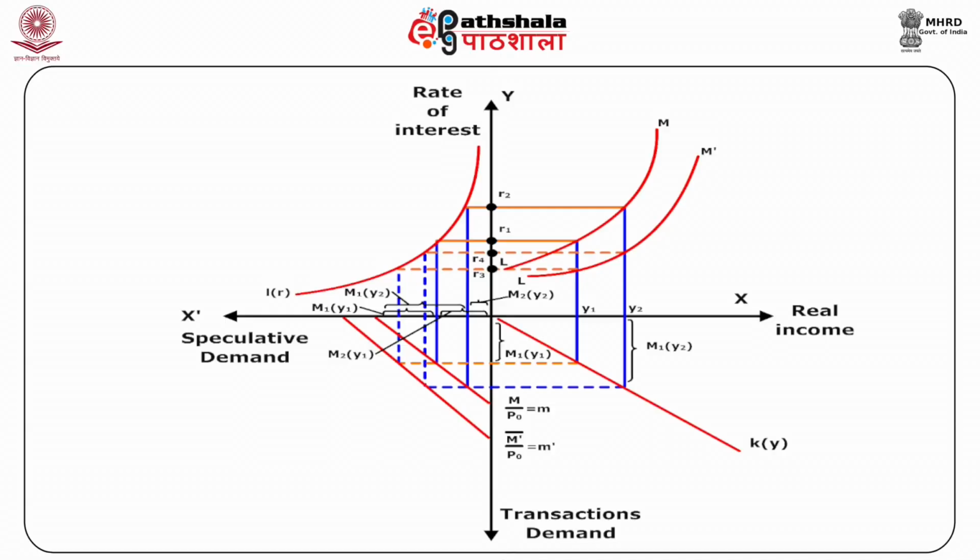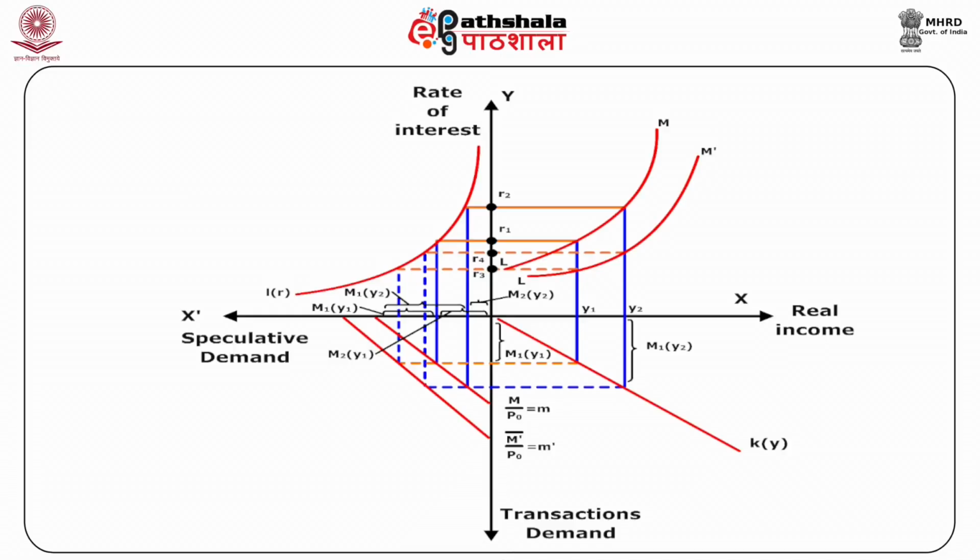So, coming back to our question, for a given real income Y1, there is a level of M1 Y1, which is transactions demand, and given the level of real money supply, if we equate it to the real money demand, then the balance of the money demand, which is the difference between the total money supply and M1, is M2.